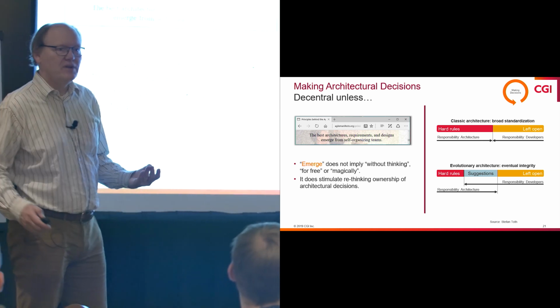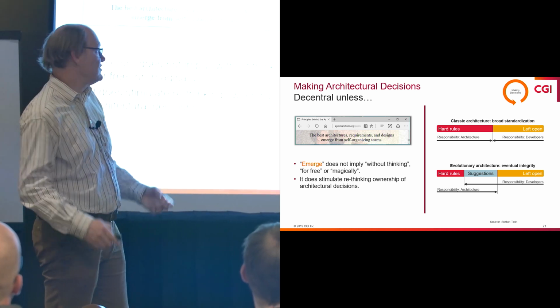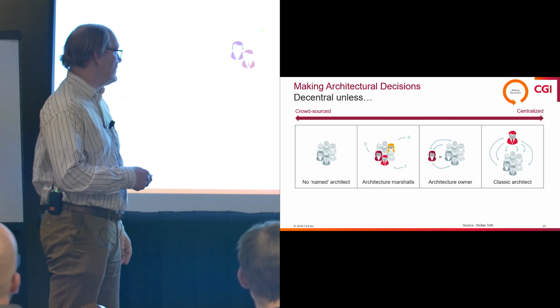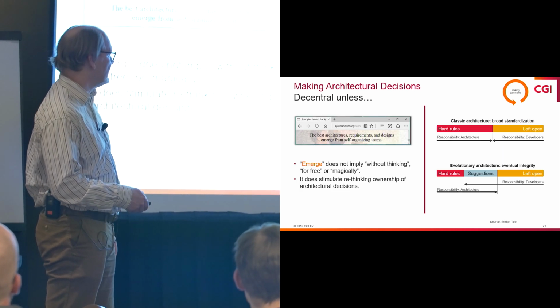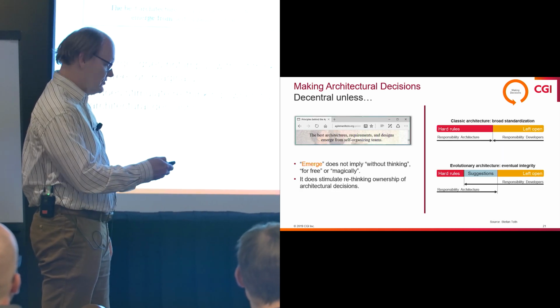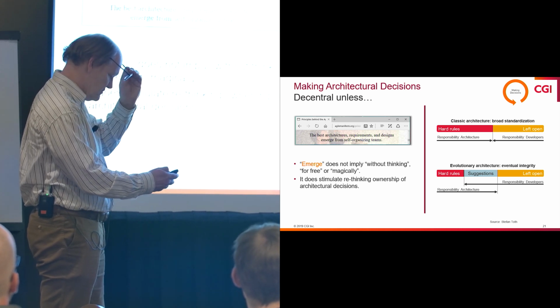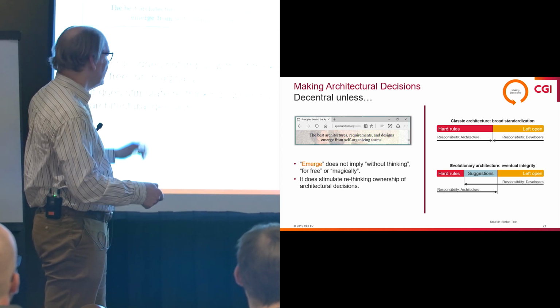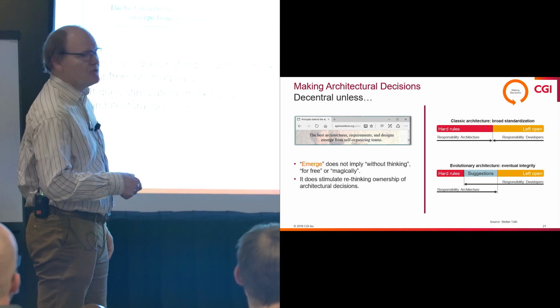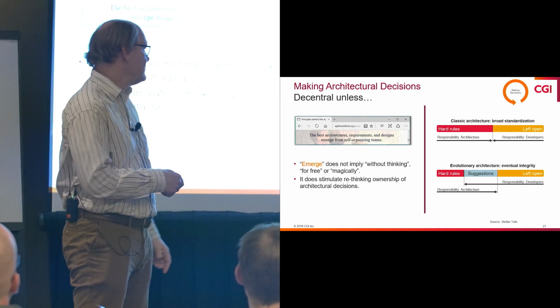And nowadays, we are more looking at architecture as teamwork, where we have an evolutionary architecture that leads to eventual integrity. There we go. We still have some hard rules because some things never change.